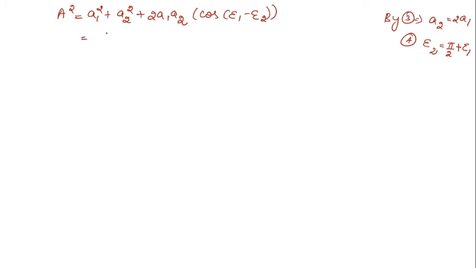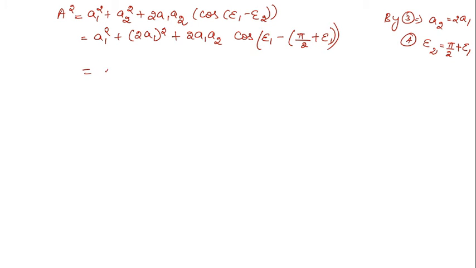So we are going to substitute these two. So A1 square plus A2 square can be written as A1 square plus 2A1 the whole square, plus 2A1 A2 cos of epsilon 1 minus epsilon 2, which can be written as epsilon 1 minus pi by 2 plus epsilon 1. So this will be A1 square plus 2 square, which will be 4.